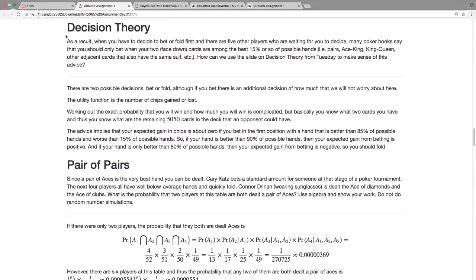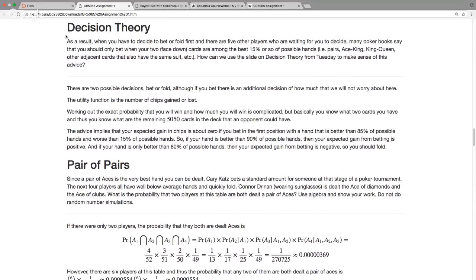If you have top 10%, something like that, your expected value from that hand, if you bet, is going to win. If you're like bottom 80%, something like that, the expected value if you bet on that hand is going to be negative, and you should fold.